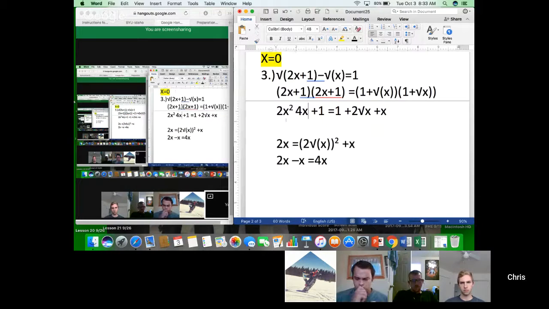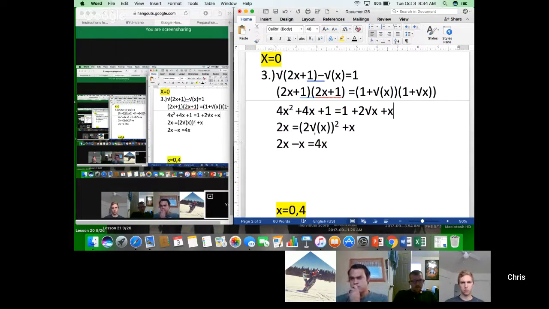Squared for 4x. Oh, like that? Yeah, you're right. And then add a plus sign after that, just so we can keep it making sense. Equals 1 plus... Why did we square that?